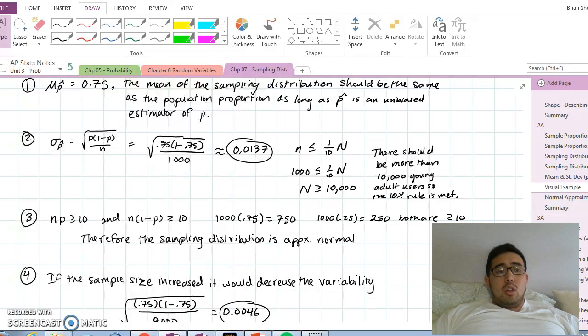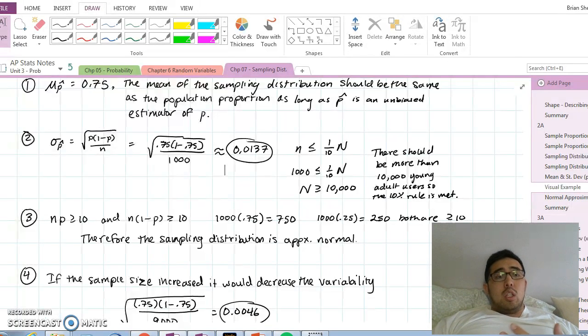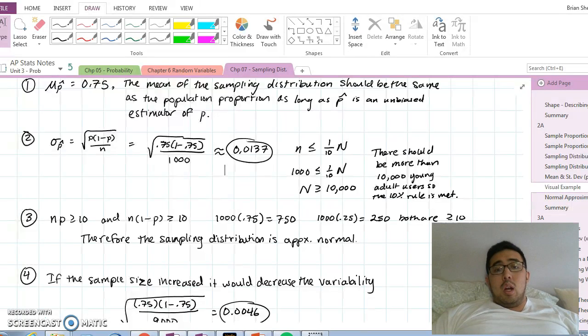The standard deviation of p hat, I'm just going to use my formula, the square root of p times 1 minus p over n. And if I do that, I get 0.0137. Now, I have to check my condition, the 10% rule, to make sure that I can use this formula that's derived from the binomial scenario.